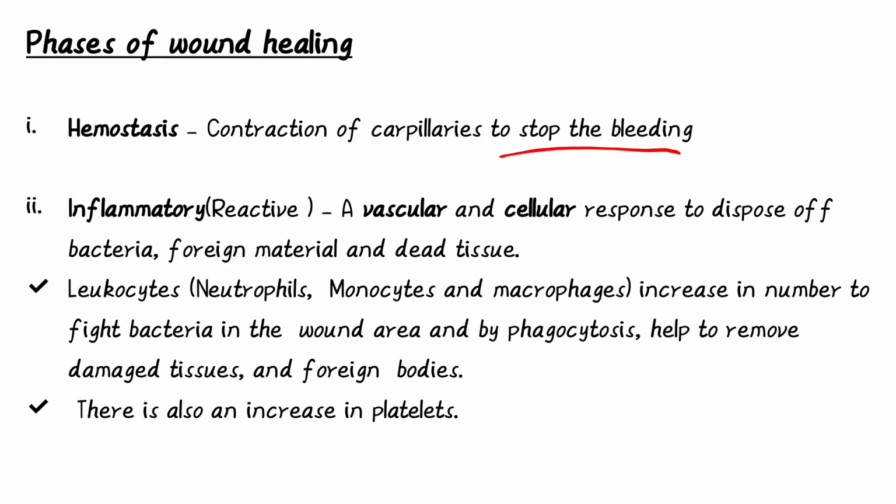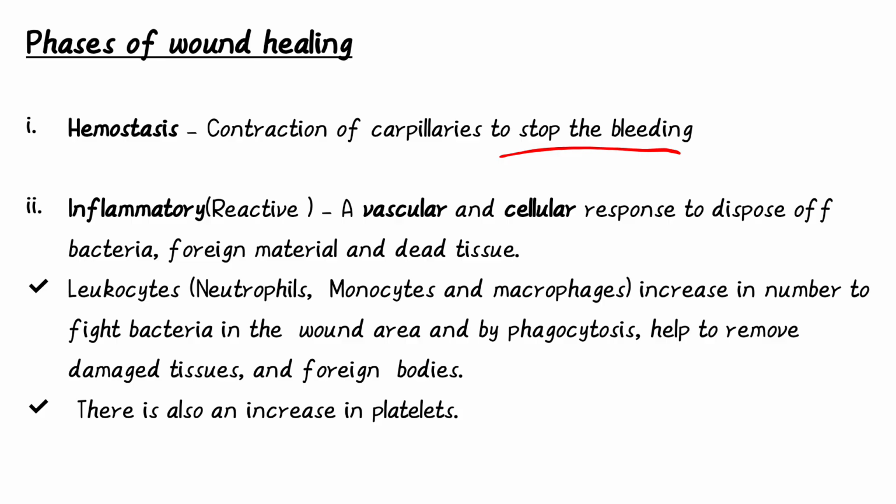For those that are not well versed with the inflammatory response or the process of inflammation, you may also attach the link of the previous lecture that we've done for you to go look at how inflammation occurs.